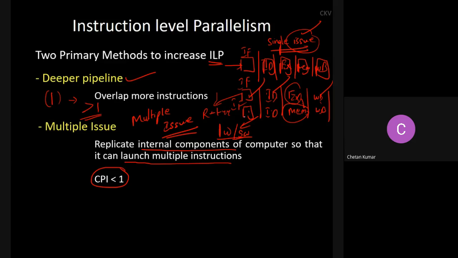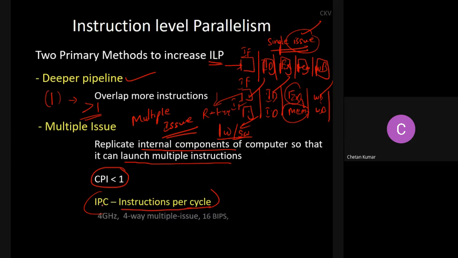Depending upon how many instructions can be fetched and executed in parallel, you will typically have a CPI of less than 1. In that case, they use one more parameter called instructions per cycle, which is how many instructions I am able to execute per cycle, to measure the performance of multiple issue processors.